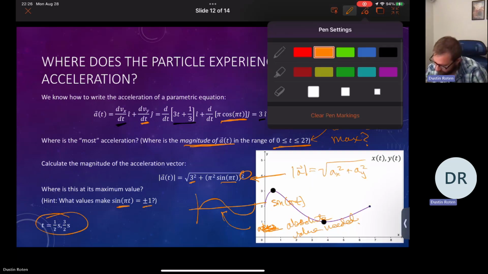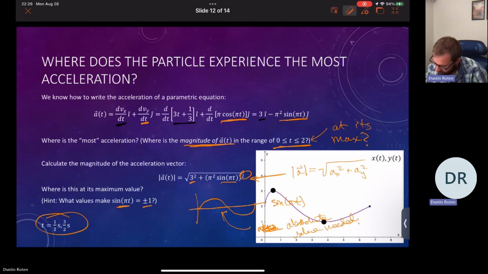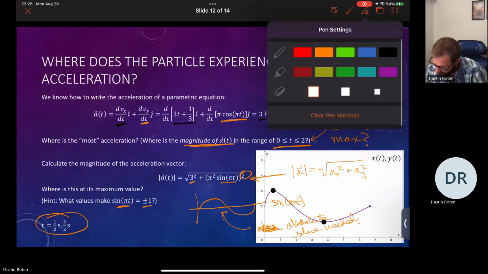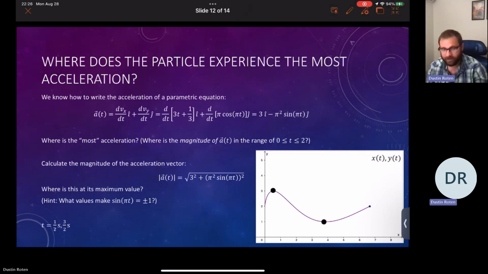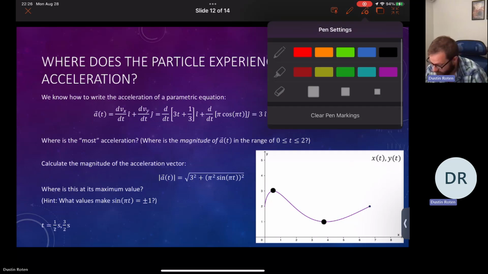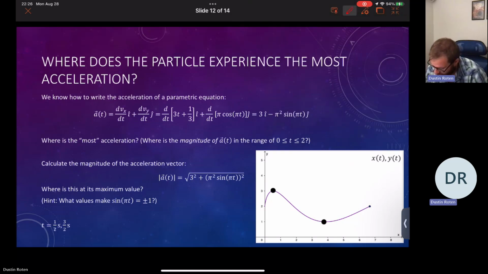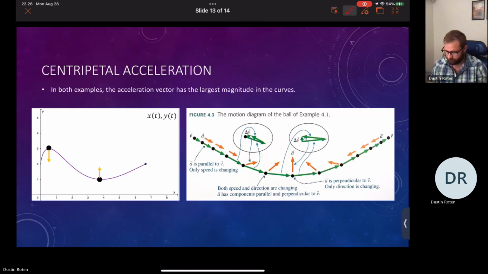So it turns out that the magnitude of our acceleration is going to be largest here and here. Max acceleration. And we just did that from determining the magnitude of the vector with the typical quadrature approach.